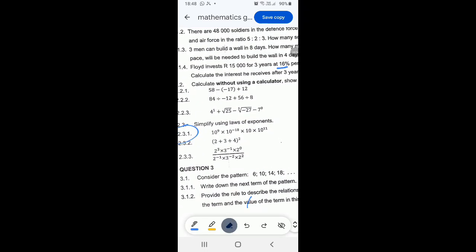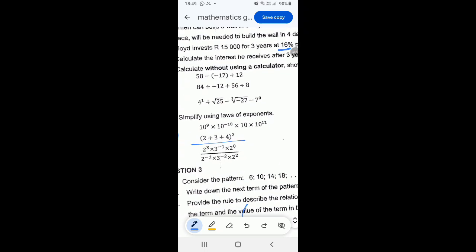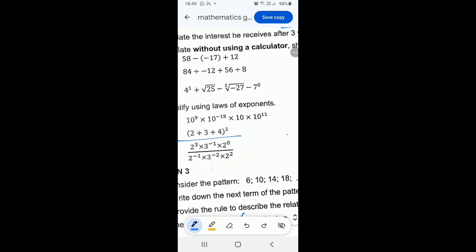Okay, 2.3.2. This one. BODMAS says that you must simplify what's inside the bracket first. 2 plus 3 plus 4 is 9 to the power 2. So 9 times 9 is 81.